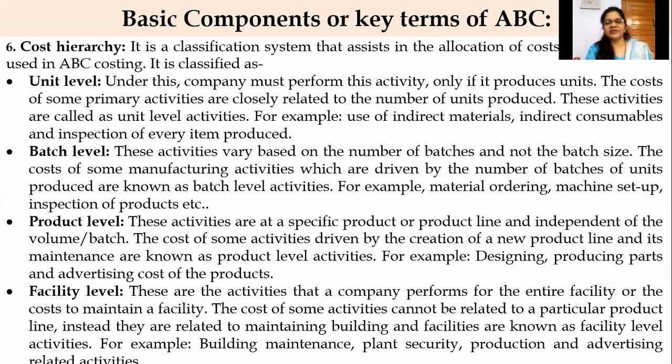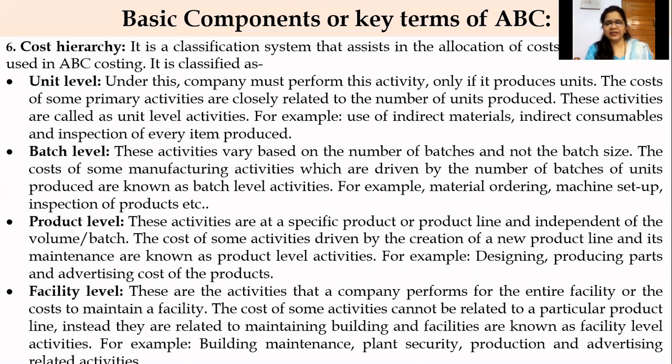These are the activities that a company performs for the entire facility or the cost to maintain a facility. The cost of some activities cannot be related to a particular product line. Instead, they are related to maintaining building and facilities, and are known as facility level activities.